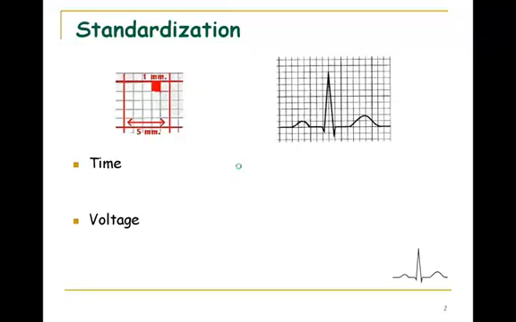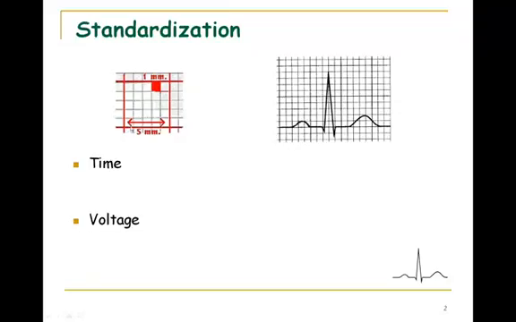Now, on the horizontal axis, which measures time, each of these little boxes represents a millimeter, and a millimeter corresponds to 0.04 seconds. So for every one of these little boxes, 0.04 seconds has elapsed. Over here, you notice darker lines separating the paper into larger squares.